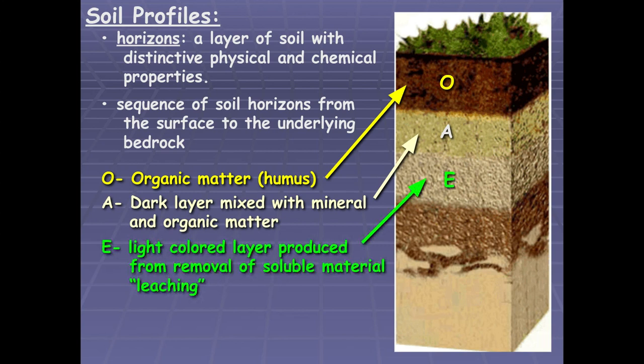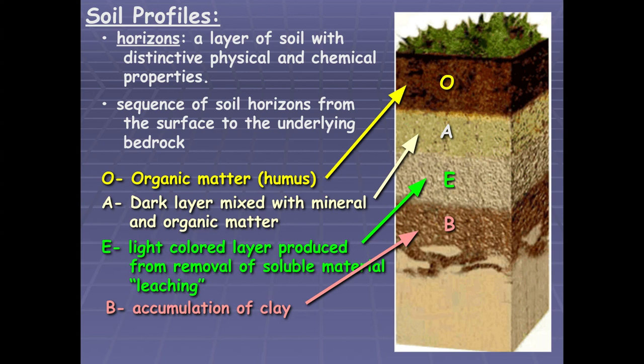And so continued percolation of water, continued chemical decomposition. We now finally move into the B layer or B horizon, and the B horizon represents the accumulation of clay.